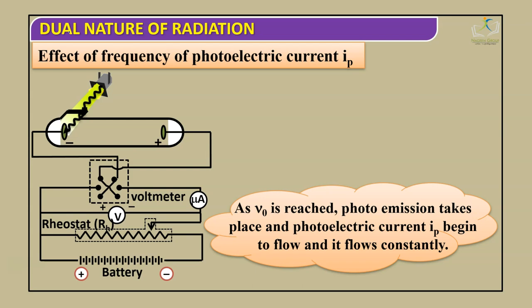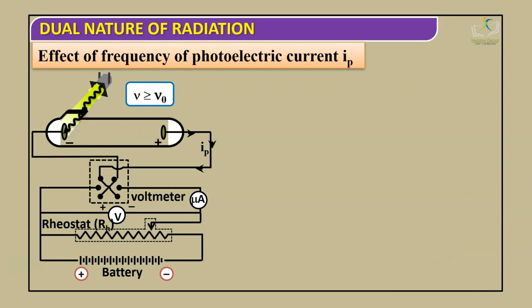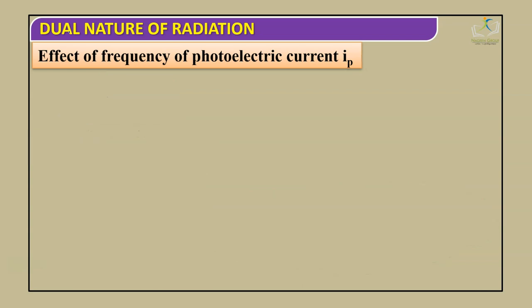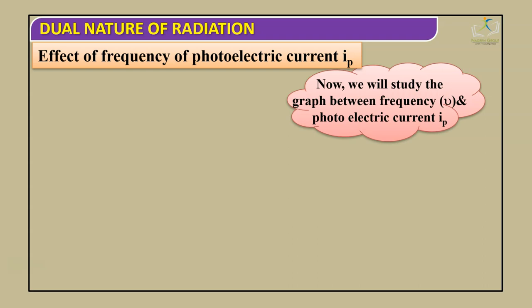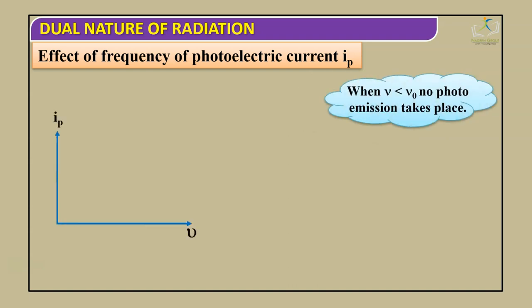As nu naught is reached, photoemission takes place and photoelectric current IP begins to flow, and it flows constantly. Now we will study the graph between the frequency and photoelectric current. When nu is less than nu naught, no photoemission takes place.